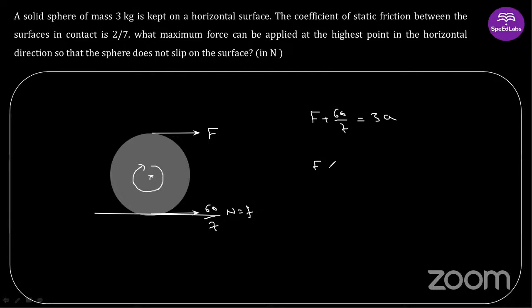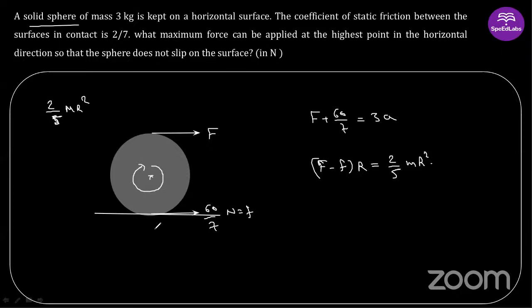Torque is F into R minus small f into R. So (F minus f) into R is equal to I alpha. Moment of inertia for a solid sphere is 2 by 5 mr square. For hollow it is 2 by 3. So 2 by 5 mr square is I, and what about alpha?